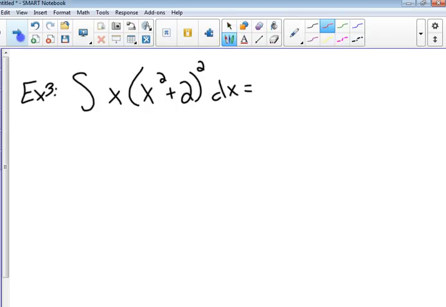You're always going to want to use substitution especially when you have some kind of binomial to an exponent. That always comes up when you use substitution.